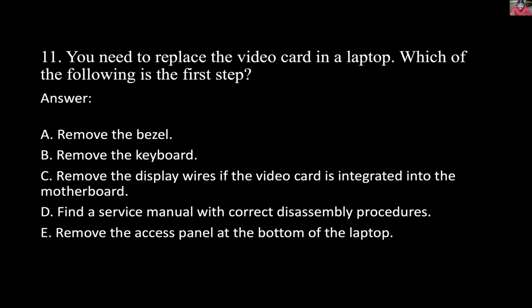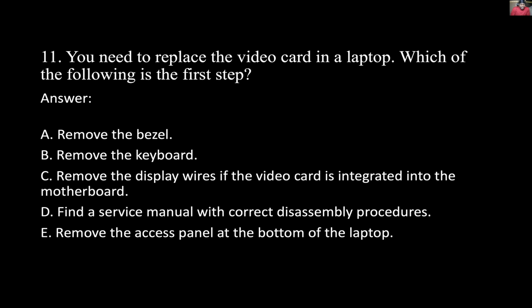So B. He said the first step, the first thing you do. Remove the access panel at the bottom of the laptop. A is good. B is good. Remove the keyboard.